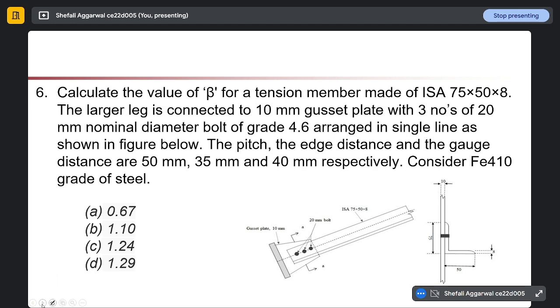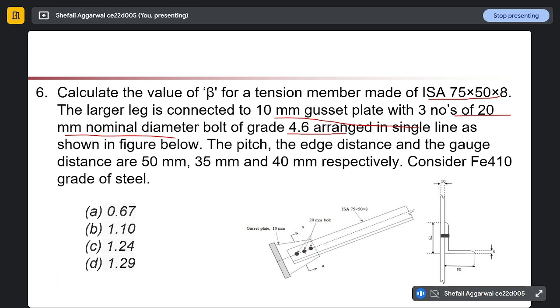Calculate the value of beta for a tension member made of ISA 75 into 50 into 8. The larger leg is connected to a 10 mm gusset plate with 3 numbers of 20 mm diameter bolts of grade 4.6 arranged in a single line as shown in the figure.